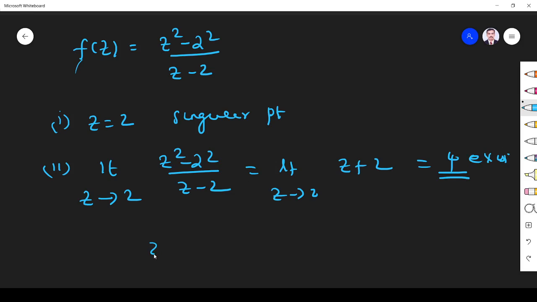So z is equal to 2 is a removable singularity, right? So this is a very important point.